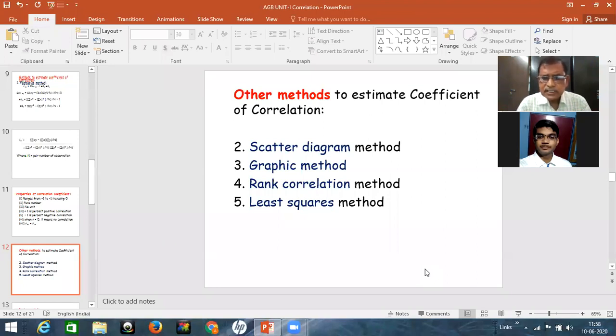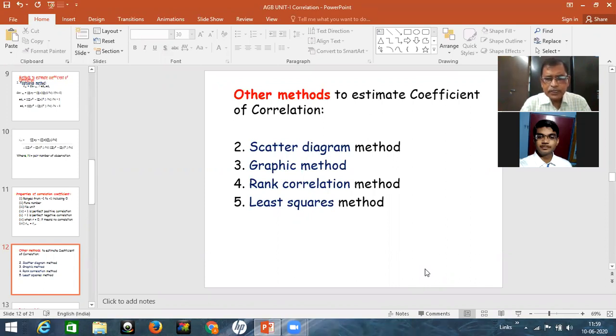In the scatter diagram method, we plot the points for the corresponding values of the two variables, so we will find several dots for the corresponding values of x and y. All the values are scattered throughout the diagram.